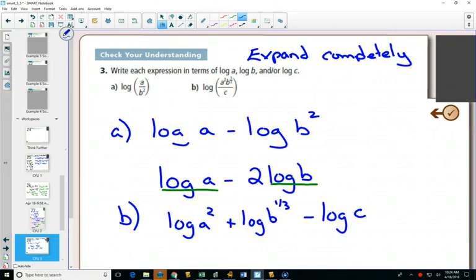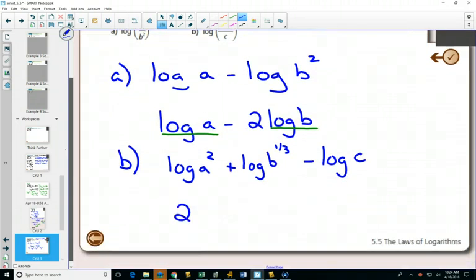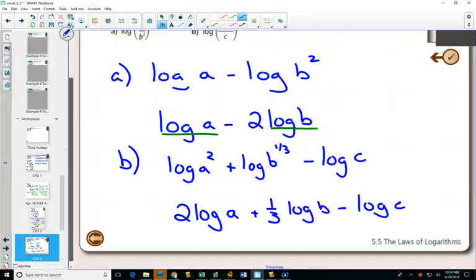So first you do your product and quotient law by adding and subtracting, and then after that, you can do your power law and bring each of those powers out in front. And so we have successfully simplified this to be in terms of log A, log B, and log C.